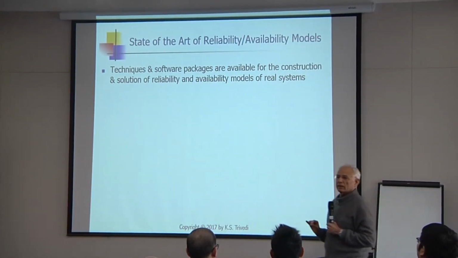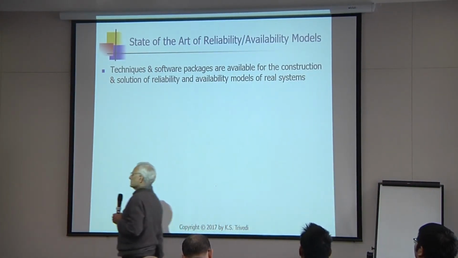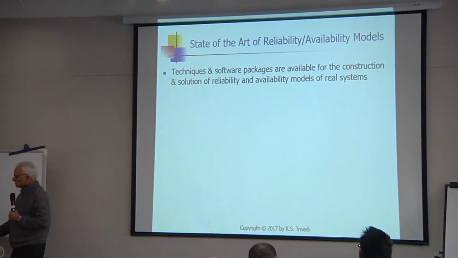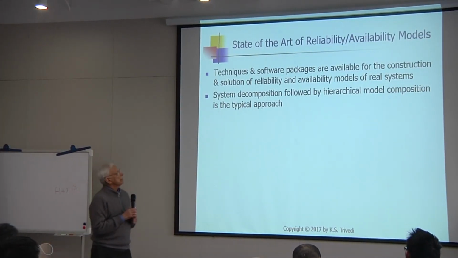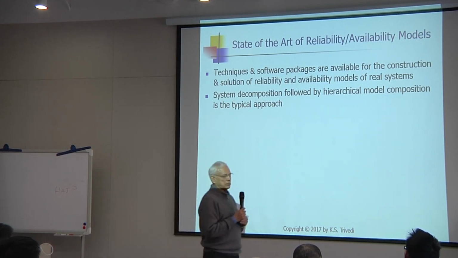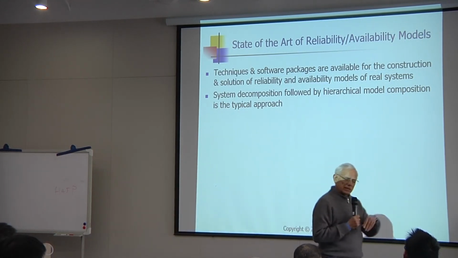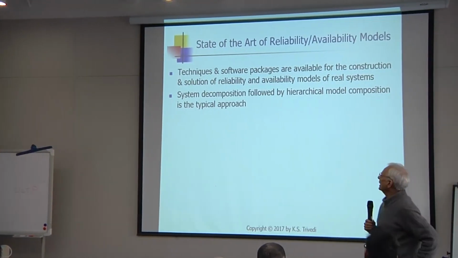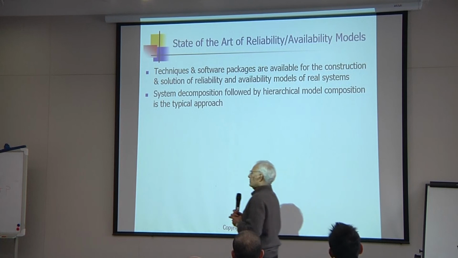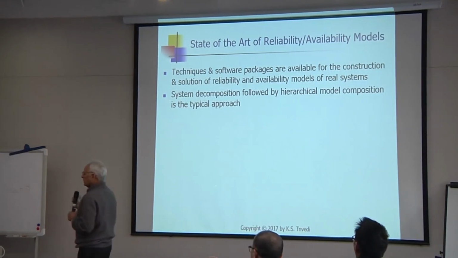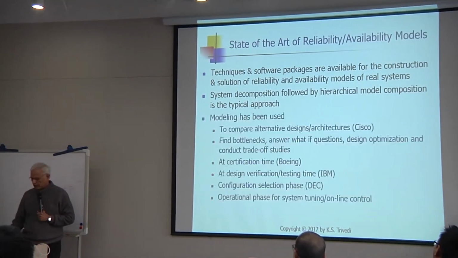I do believe that these are available. This is typically done by decomposition of the system into subsystems, which generally is already available, followed by hierarchical model composition. That is the way to solve the problem. A single monolithic model will never solve your problem.